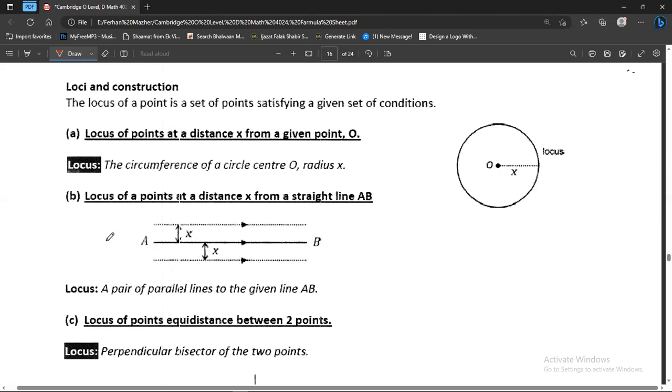So what you will do, at A, you will draw a circle of radius 2 centimeter. At B, draw a circle of radius 2 centimeter and draw tangents. Automatically, those tangents will be parallel to the AB line and they will always be at 2 centimeter from AB. A pair of parallel lines to the given line AB.